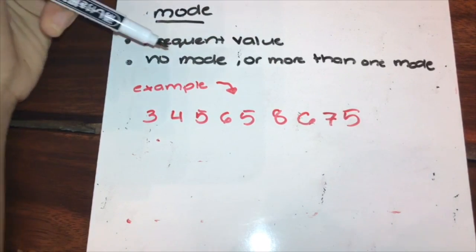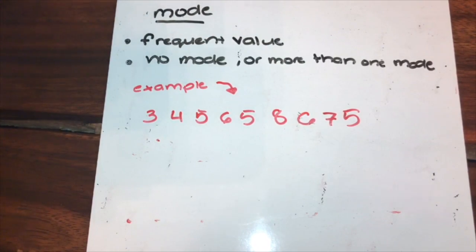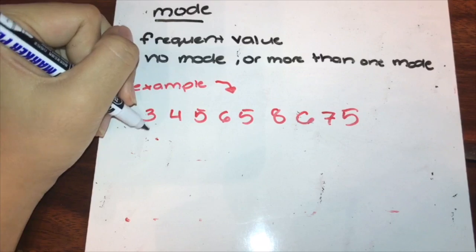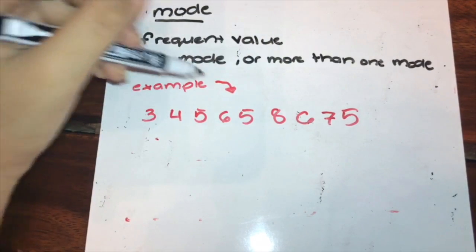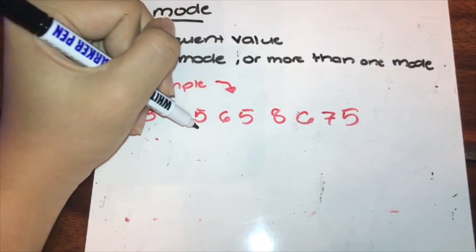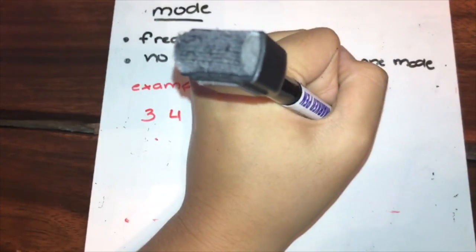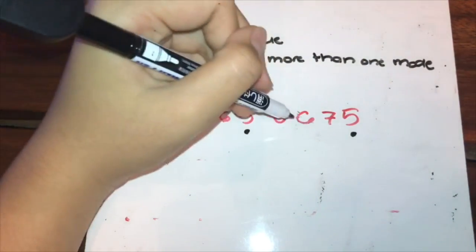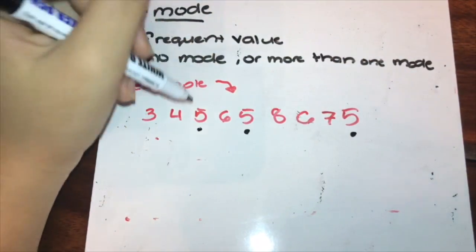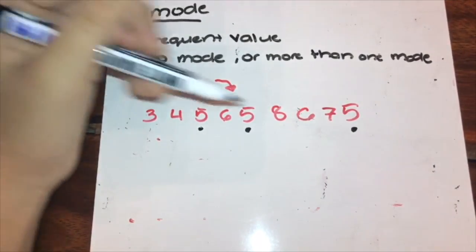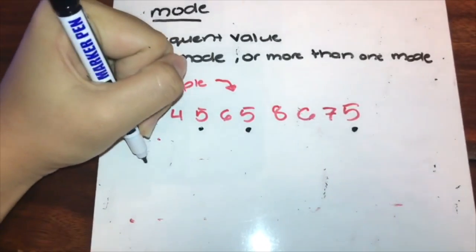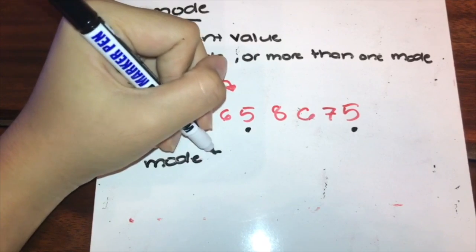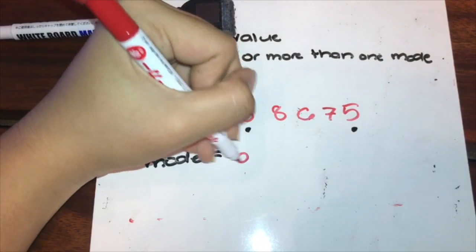What you have to look for is the most frequent value that comes up in this set of data. 3 doesn't come up much, 4 doesn't come up, 5 comes up 3 times, 6 2 times, 8 and 7 are alone. So the most frequent value in this data set is 5. So your mode equals 5.